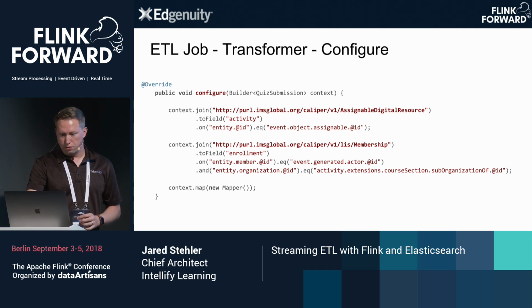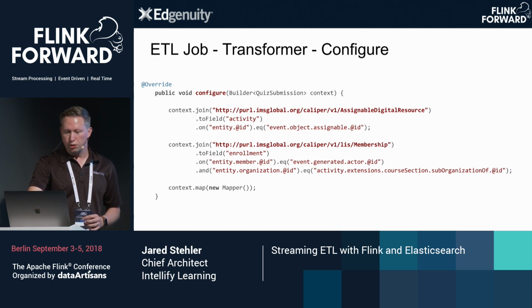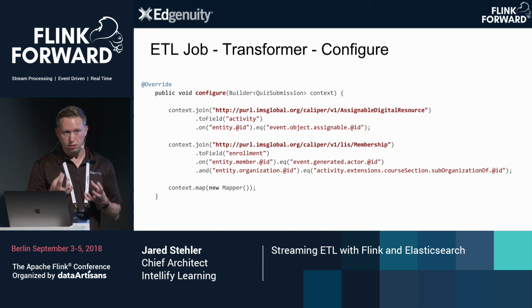And then once that join is fulfilled, we're going to look for a membership entity, and we're going to join on those two fields. And then once we have that record, we're going to store that in the source record under the field enrollment. This specifies that we're going to use the mapper that's included in that same class.